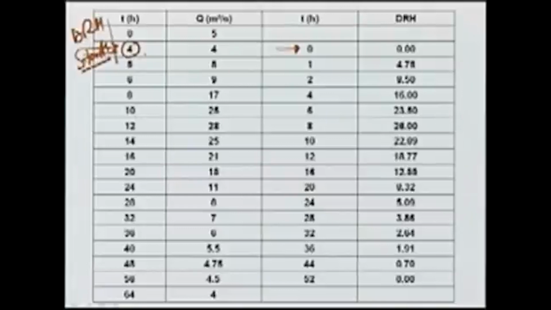So, the DRH starts here, corresponding to t equal to 0. The ordinate of course is 0.